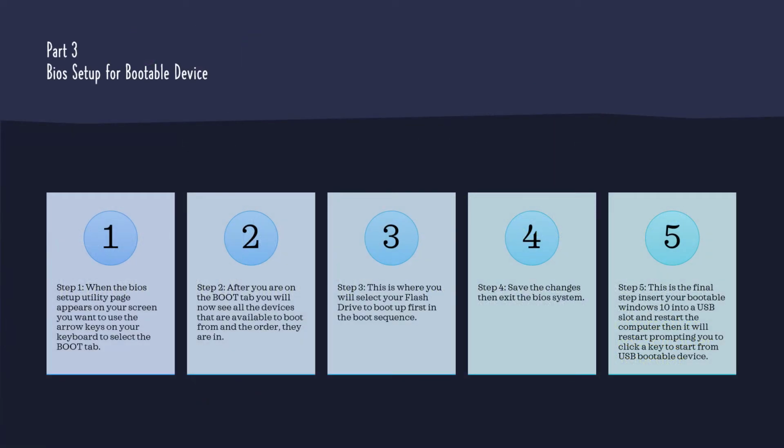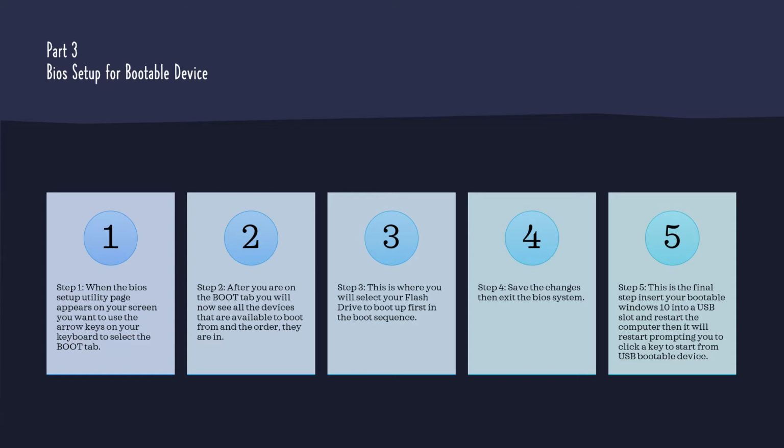Part 3. BIOS setup for bootable device. Step 1. When the BIOS setup utility appears on your screen, use the arrow keys on your keyboard to select the Boot tab. Step 2. After you are on the Boot tab, you will see all the devices that are available to boot from and the order they are in. Step 3.